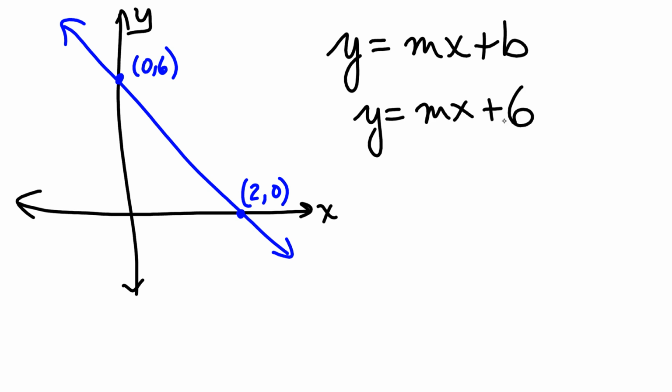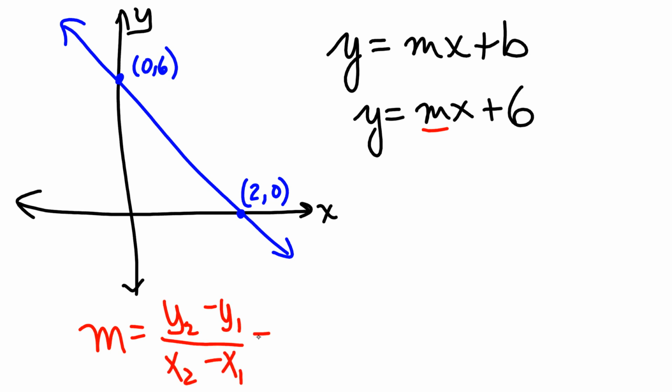And then the question is, what is slope? Well, slope is the second y minus the first y over the second x minus the first x. And then it's just up to us to decide which of these coordinates are the ones and which of these are the twos. So we'll let this one be the ones, and we'll let this one be the twos.